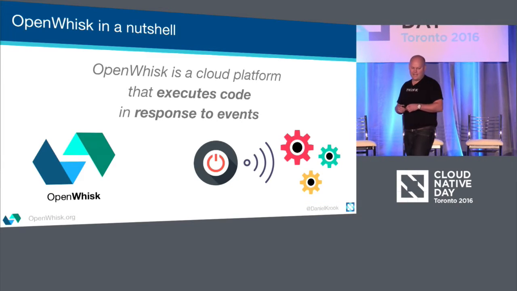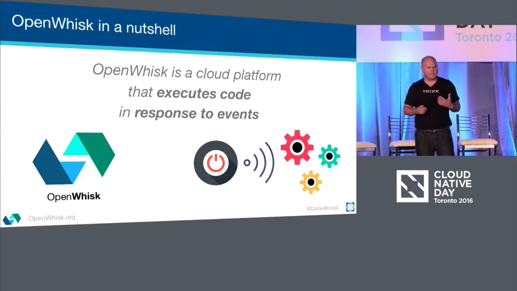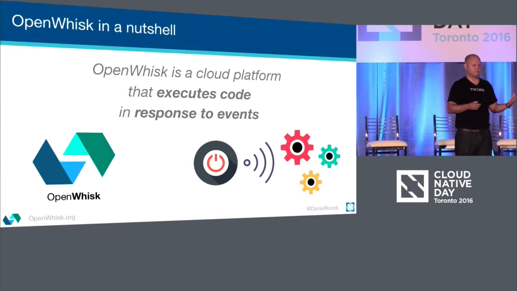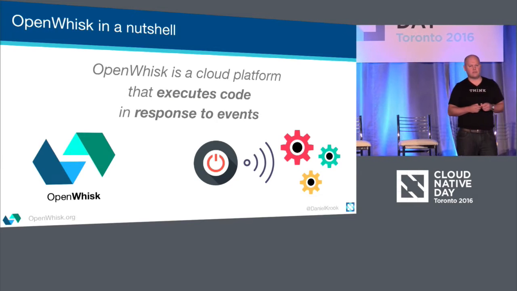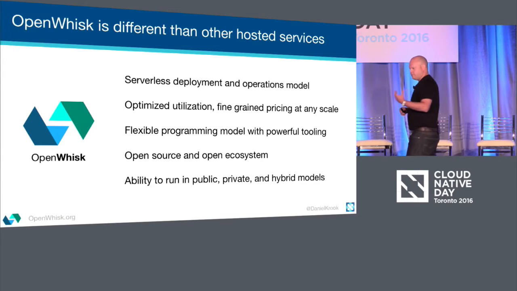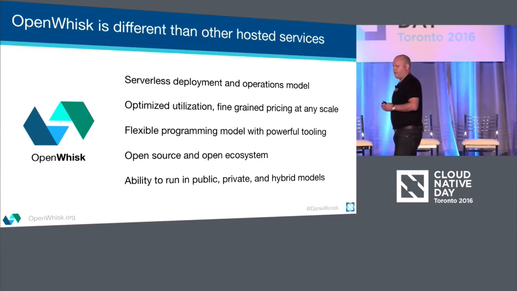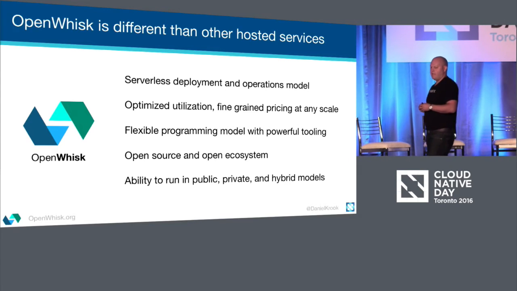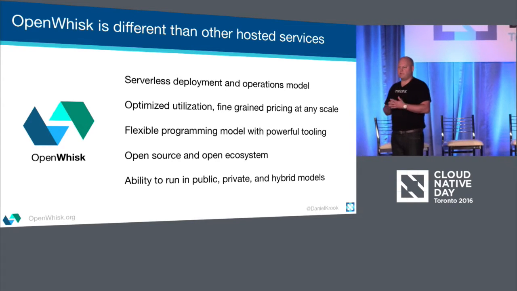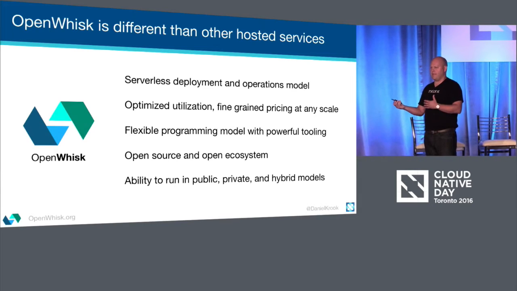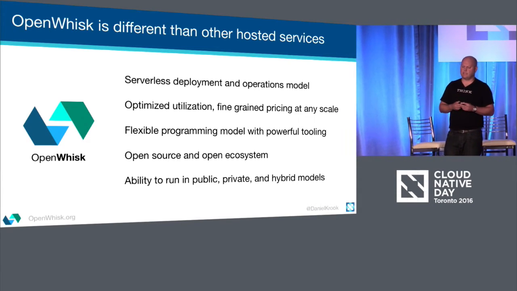And in a nutshell, it provides that platform that lets you take advantage of a serverless architecture by hosting code that can execute in response to events. People who have been playing around with some of the existing hosted providers like Amazon Lambda should be familiar with the same type of model: writing code, connecting it to triggers, and executing logic, and so forth.